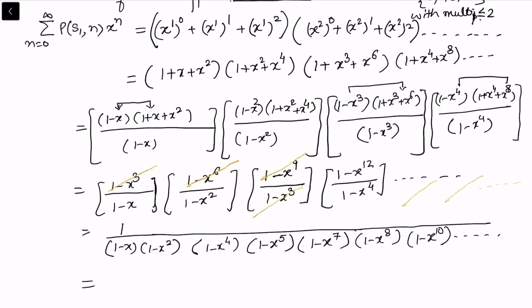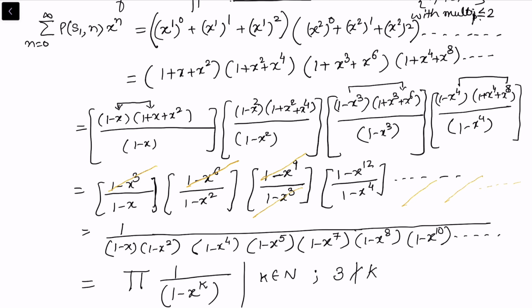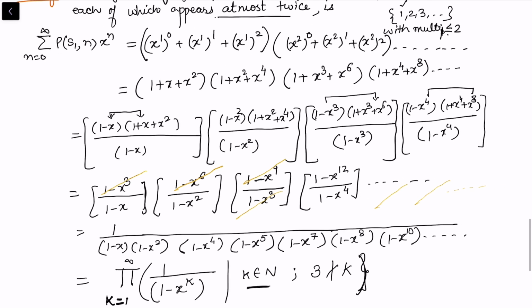So this is the same as the product of 1 over 1 minus x to the power k, where k belongs to natural numbers such that 3 does not divide k. So that's how we leave this term. Here k varies from 1 to infinity. So this is a product, and we have seen this is the same as the generating function that we require.